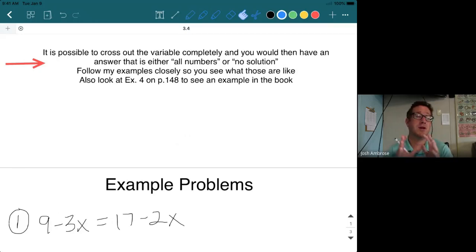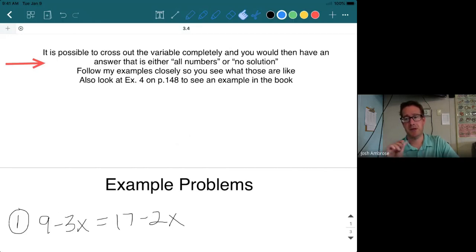One is you could have all numbers, meaning that any number you plug into the original equation will work. Or you could have no solution, meaning it doesn't matter what you plug in, it won't work. If you take a look at example 4 on page 148, you'll see the book's example of this. But if you follow me closely, the examples at the very end of this video will cover this note.